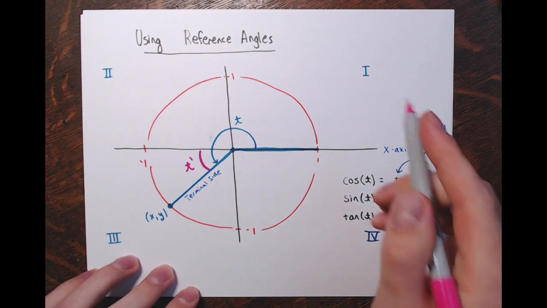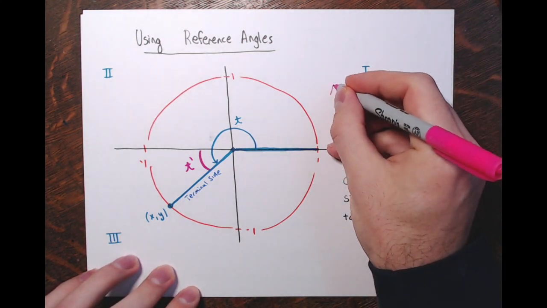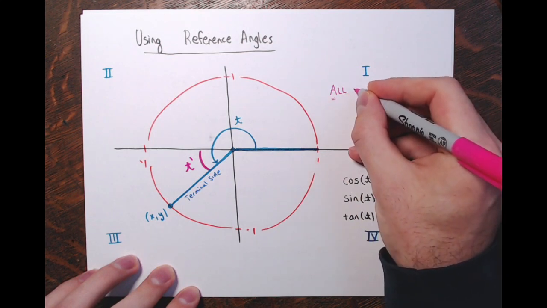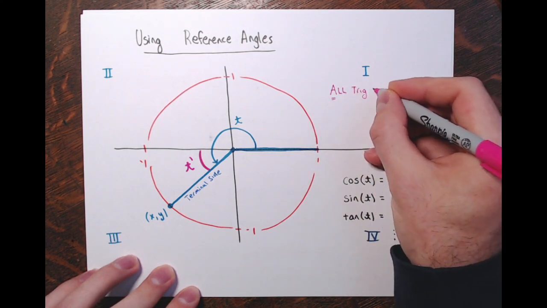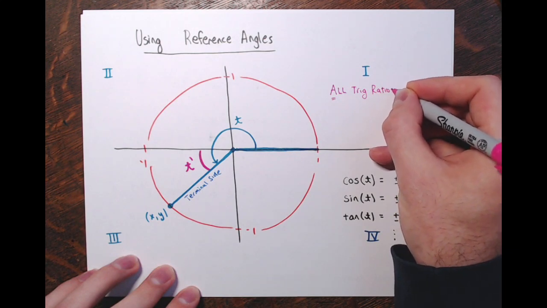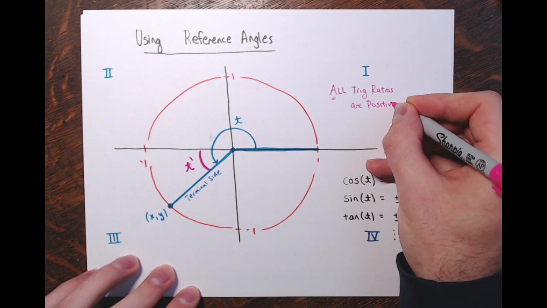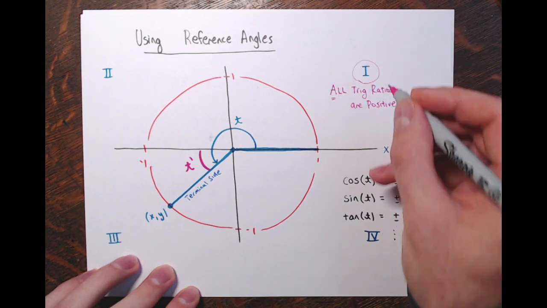All right, in quadrant 1, all trig functions are positive up here. All trig ratios, all trig functions are positive if your angle ends in quadrant 1.